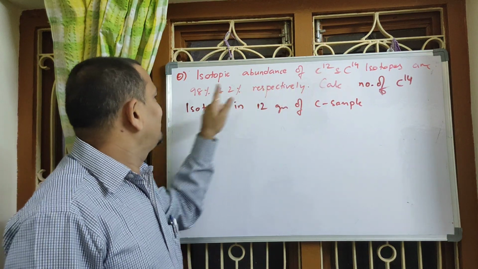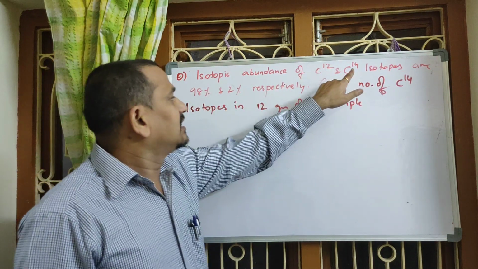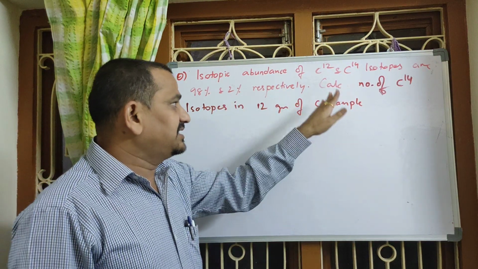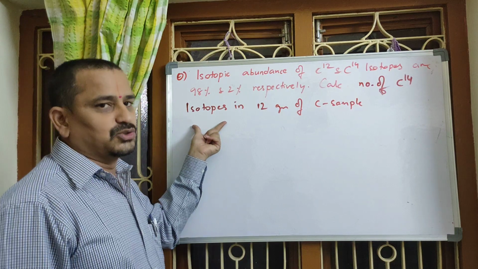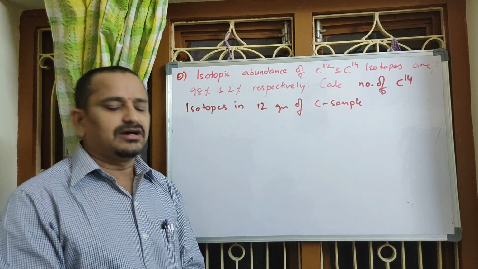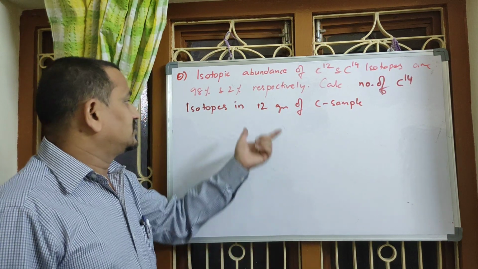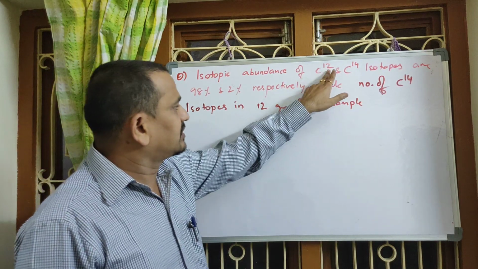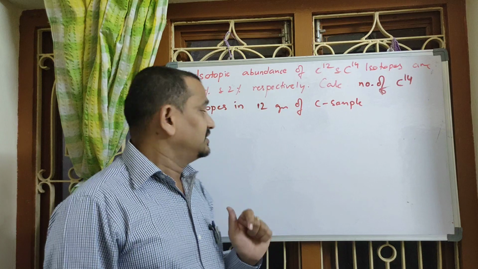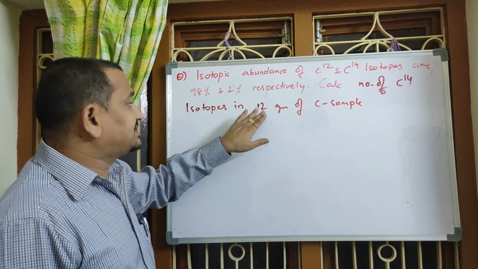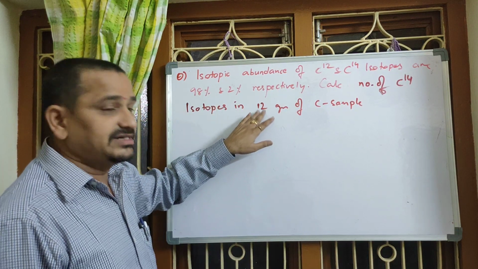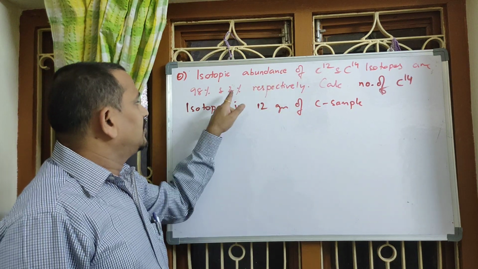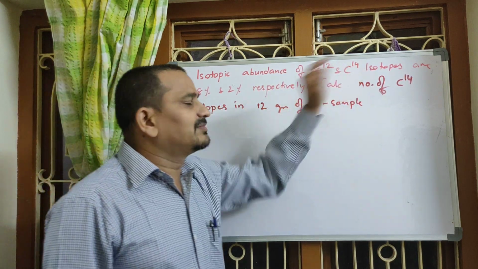That means carbon 12 is 98% and carbon 14 is 2%. Then calculate the number of carbon 14 isotopes in 12 grams of the carbon sample. Our given sample is 12 grams. In this we have carbon 12 and carbon 14 both. 98% of this is carbon 12, and 2% of this value is carbon 14 isotope.